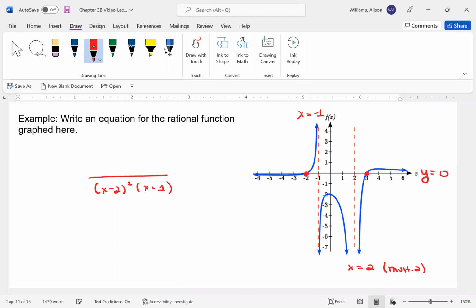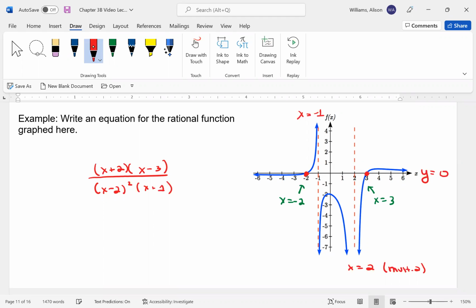So these two x-intercepts, x equals -2 and x equals 3, are going to make up the factors in the numerator. So in the numerator, I have an x plus 2 and an x minus 3, and no squares, because that is degree 2, and that's smaller than the denominator.